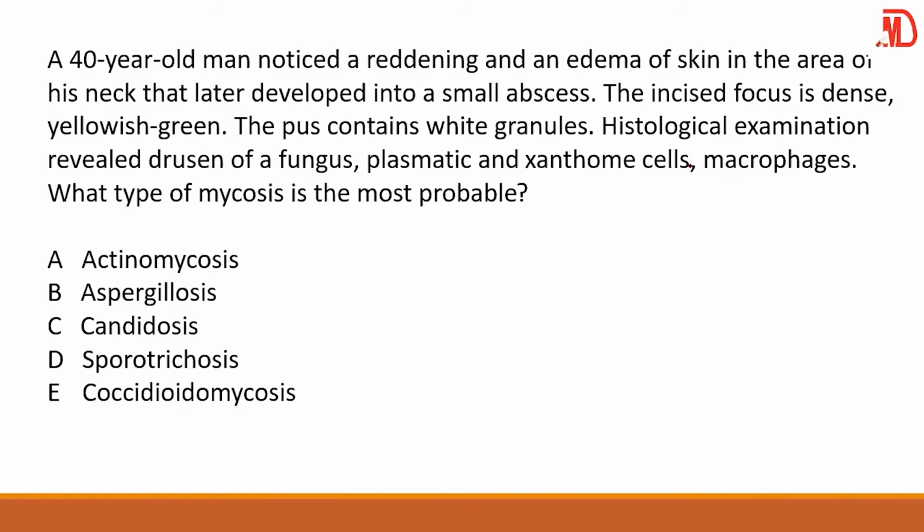A 40-year-old man noticed a reddening and an edema of the skin in the area of his neck that later developed into small abscesses. The incised focus is dense and yellowish green. The pus contains white granules.